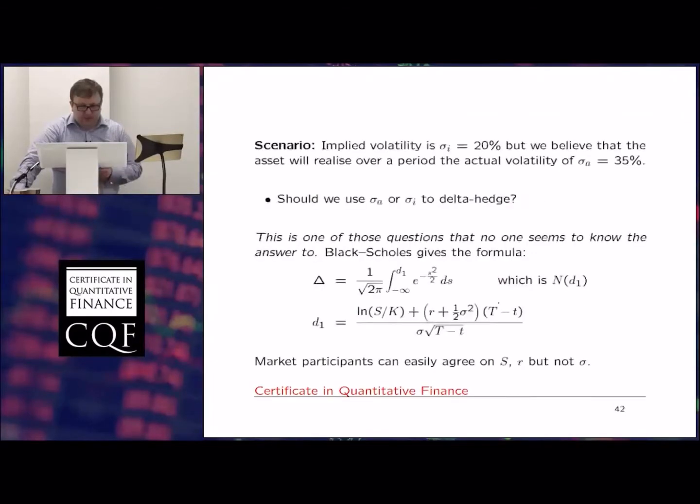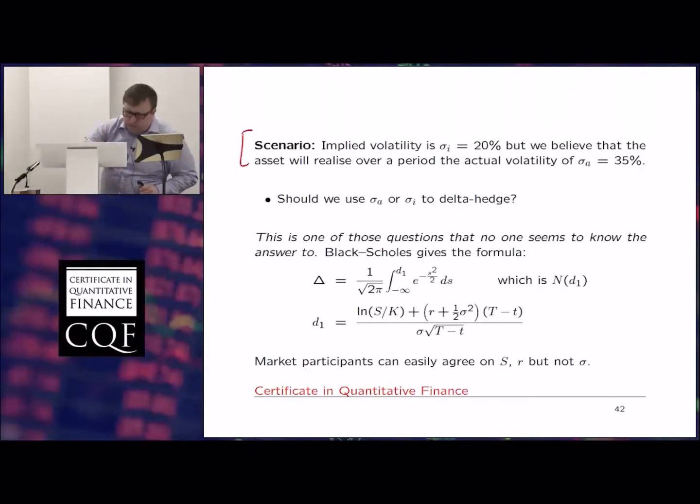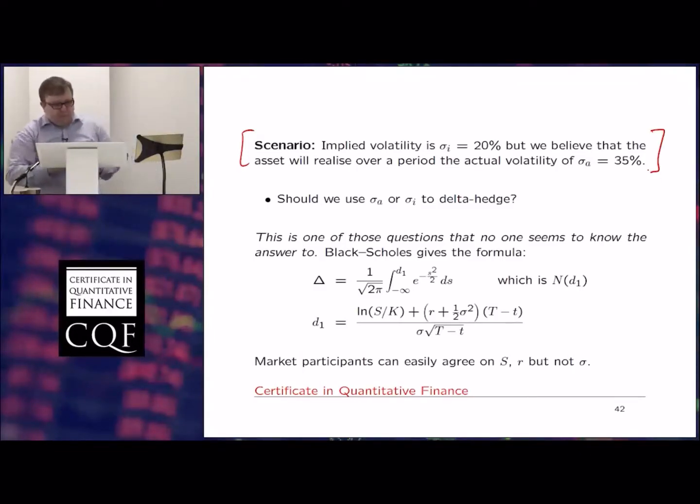Okay. Now the arbitrage situation. Assume we have a scenario where the implied vol happens to be low, and you can buy an option valued at 20% implied vol, and the actual move in the asset price will realize at 35.